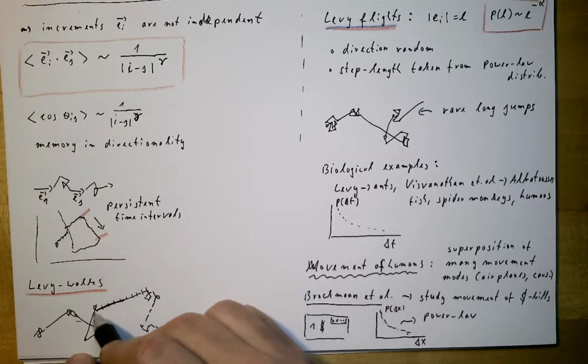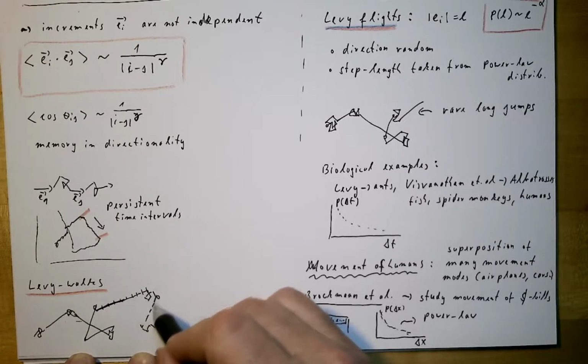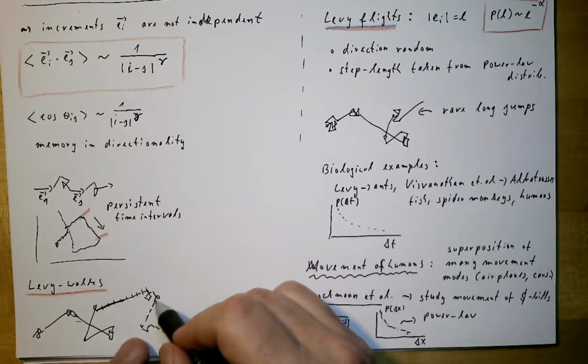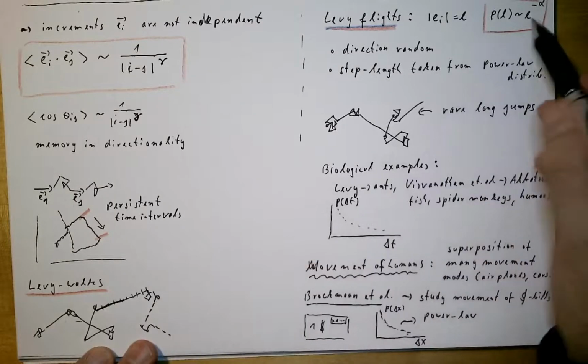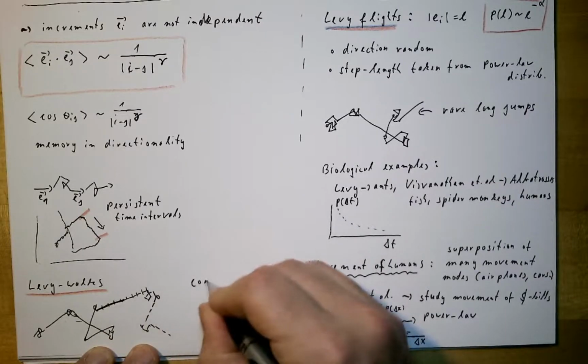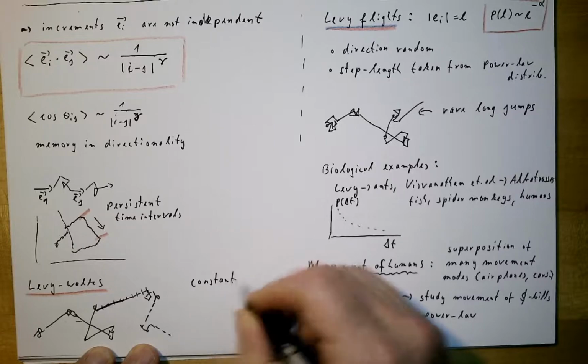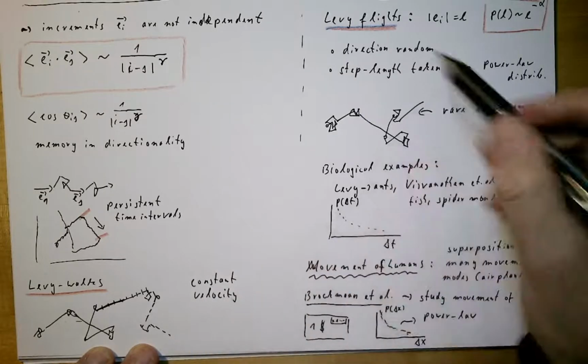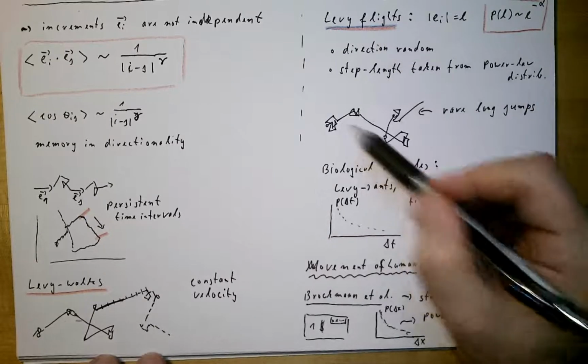The walk is always composed of persistent steps on straight lines, and the lengths of the step lines are distributed as a power law. But here we have a constant velocity, in contrast to the Levy flight, where we have these jumps.